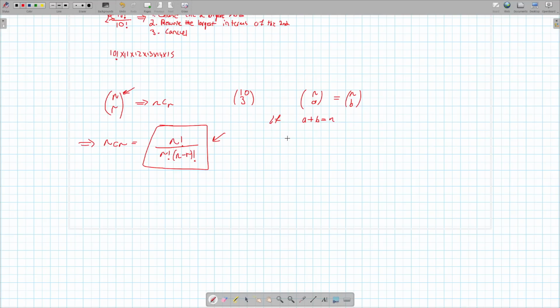What do you mean? Okay, let's say I have 10C6 and 10C4. Are they equal? Yes, they are, because 6 plus 4 equals 10. Okay, how about 10C3 and 10C4? Are they equal? Of course not. 3 plus 4 does not equal 10, so they are not equal.